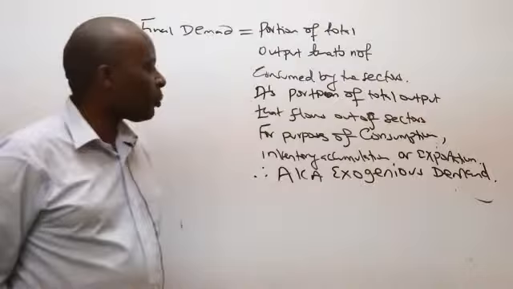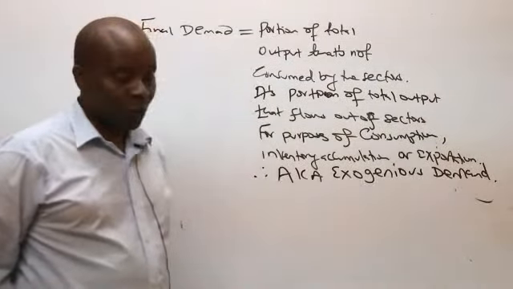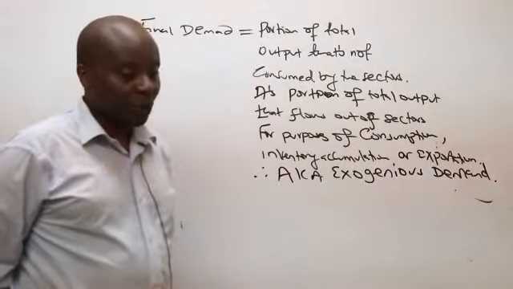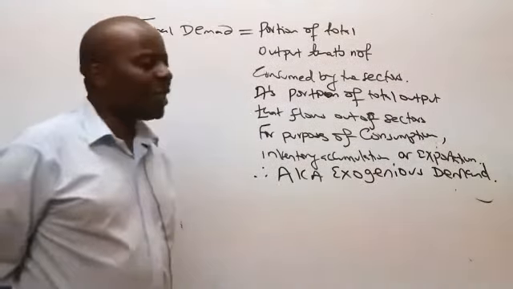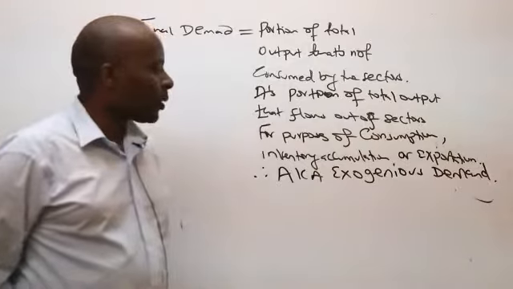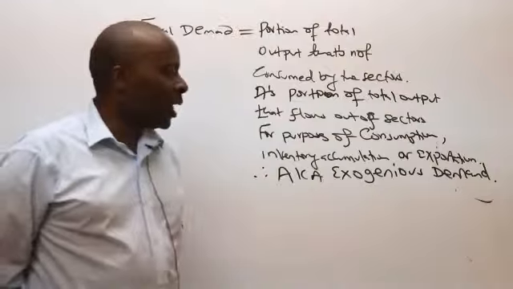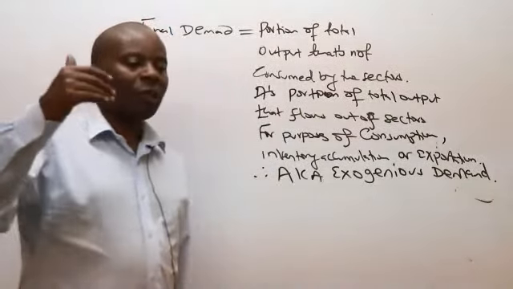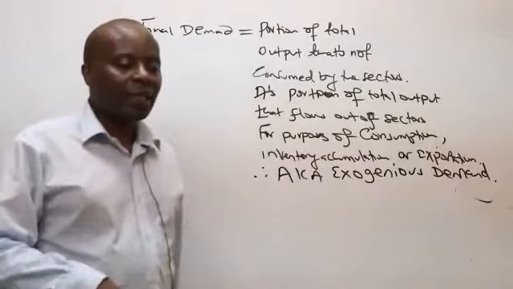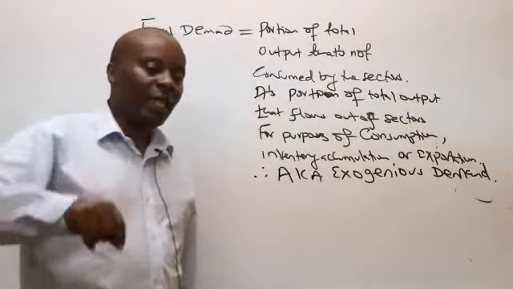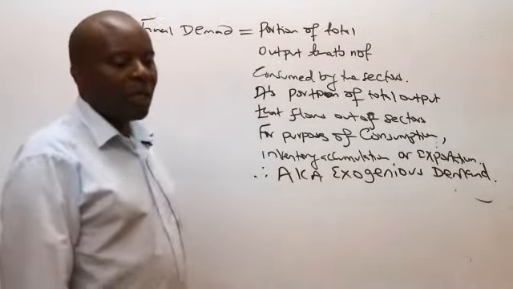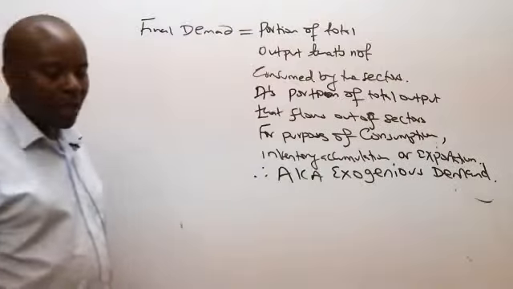It's the portion of total output that flows out of the sectors for purposes of consumption, inventory accumulation, like what we normally take to Kenya, or what is even exported out of the country. The major thing is that you're not utilizing that inside the sectors again. This is the opposite of what we call intermediate demand.